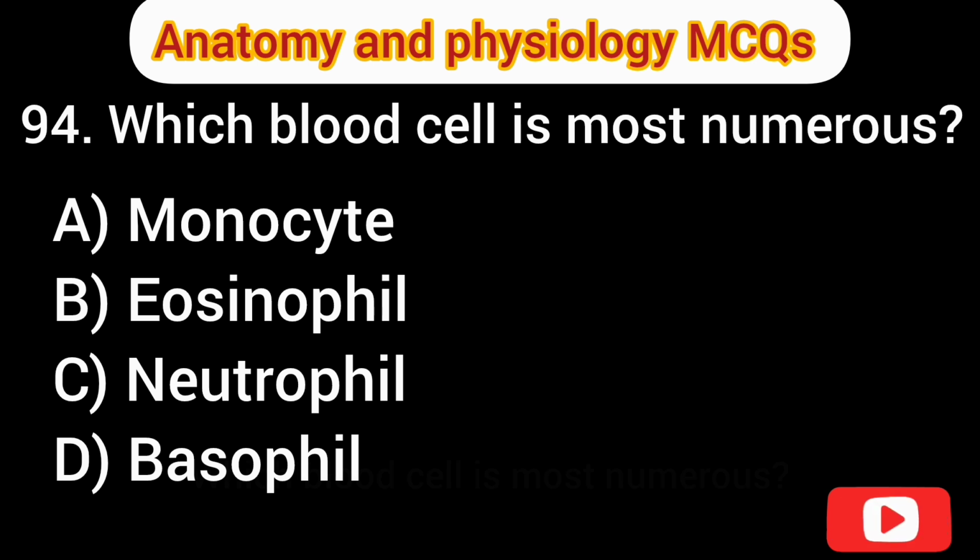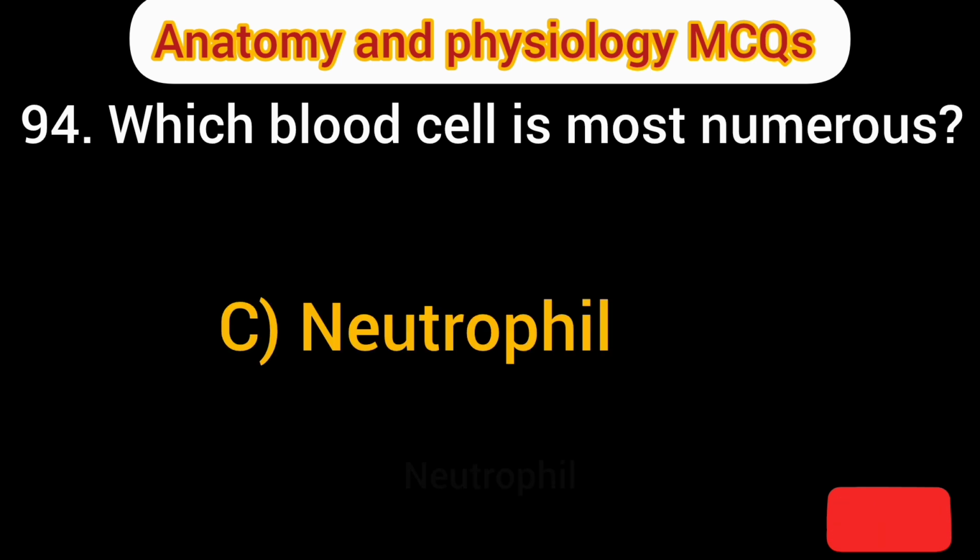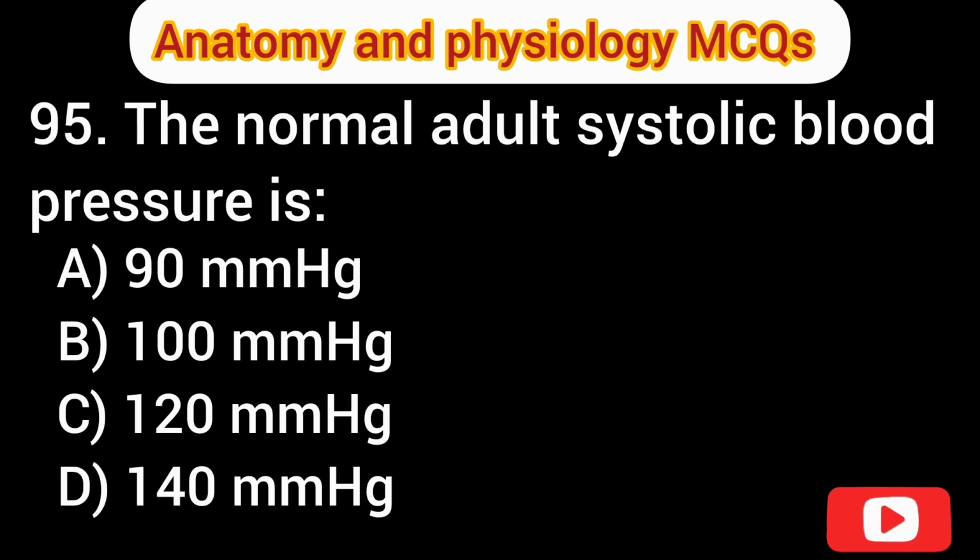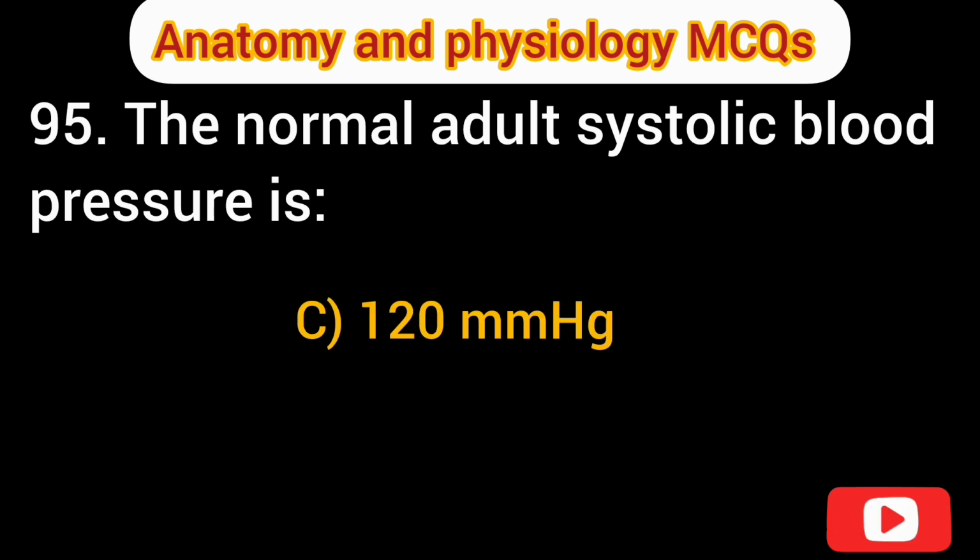Which blood cell is most numerous? Neutrophil. The normal adult systolic blood pressure is 120 mmHg.